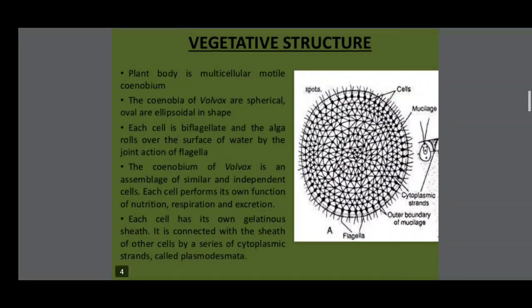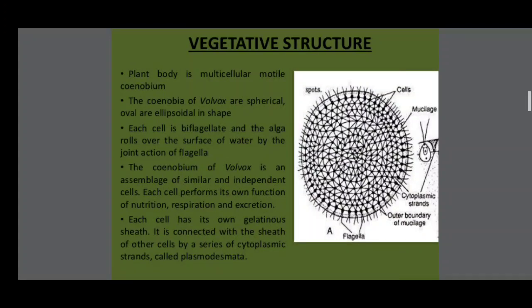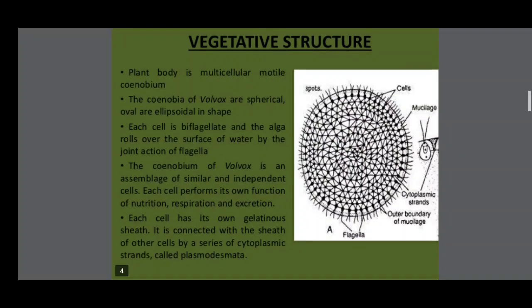The colony of Volvox is an assemblage of similar and independent cells. Each cell performs its own function of nutrition, respiration and excretion. Actually, the colony or coenobium of algal members is a group of cells. In Volvox also, a group of cells aggregates to form a pinhead-shaped coenobium.